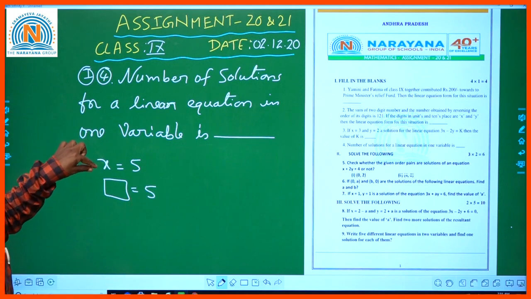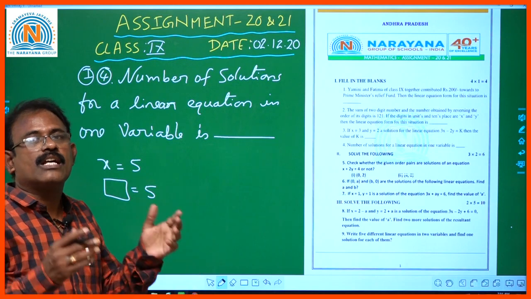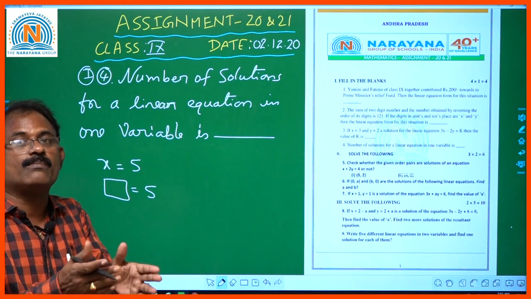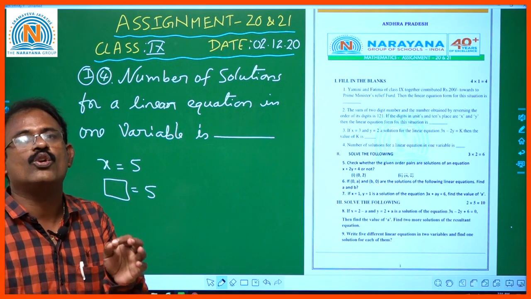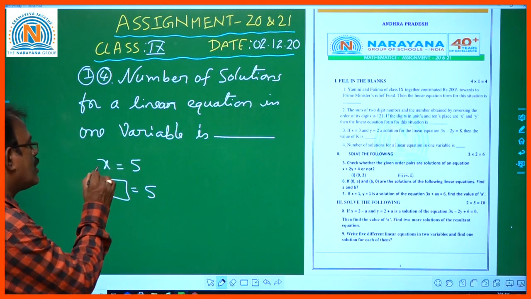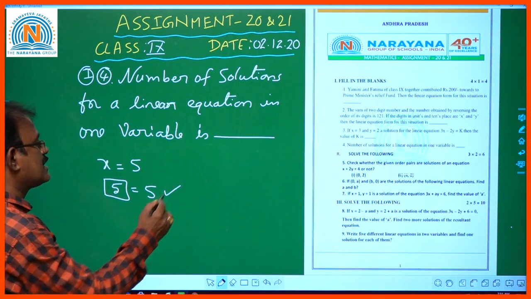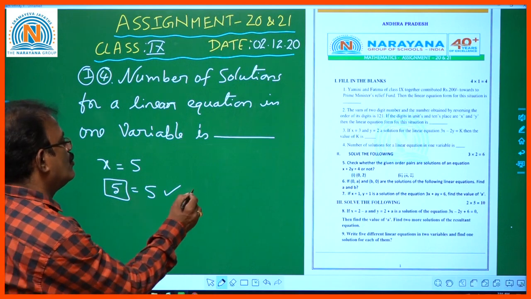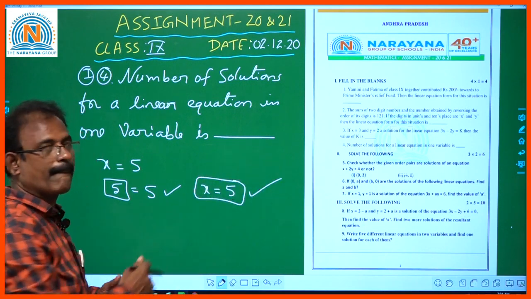Instead of the empty box, which number should replace it to make LHS and RHS equal? Such a value of the variable is considered a solution for the given equation. Instead of x, if you take 5, you can make LHS and RHS the same. So you can call x is equal to 5 one of the solutions.